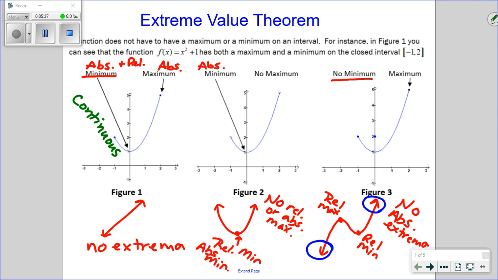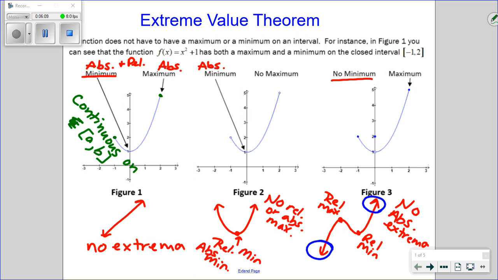Let me just say, this is continuous on a closed interval. So notice that the endpoints are solid, okay? So meaning we're including the endpoints as part of that graph. So this graph is continuous, meaning there's no holes, on a closed interval, meaning that the endpoints are solid, okay?